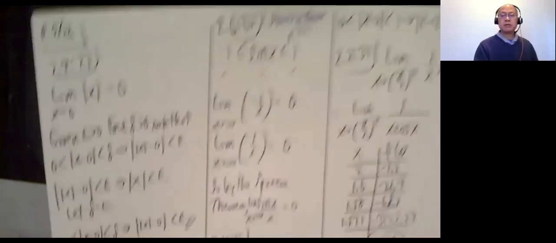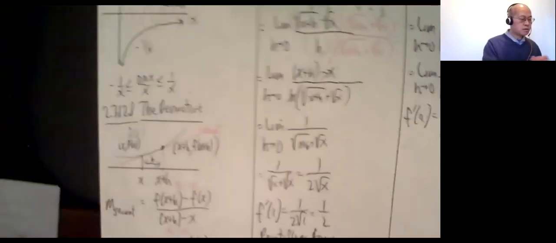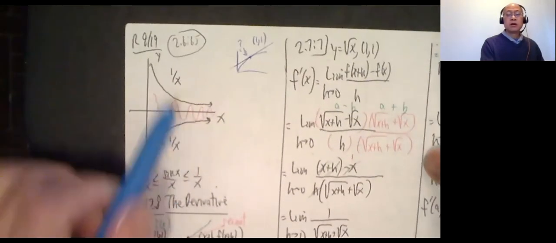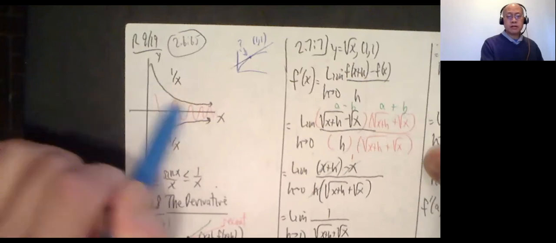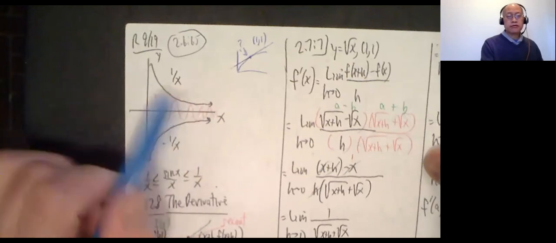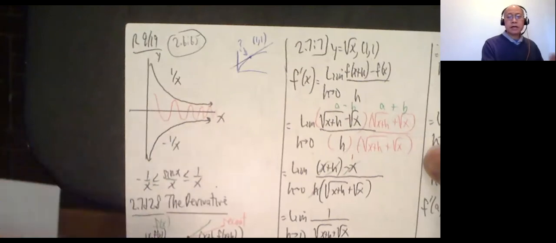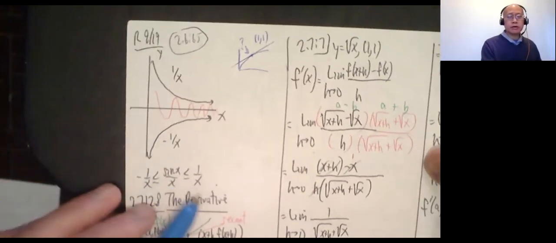Okay, so the problem's done, but I'll just show you a little bit about what the graph might look like. Then I think I'm just about done. Okay, we know that 1 over x looks like this for positive x. Negative 1 over x looks like this. Okay, sine x over x, there's a trig component to it.